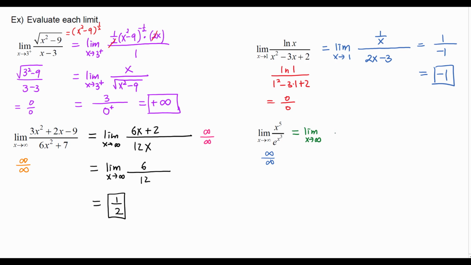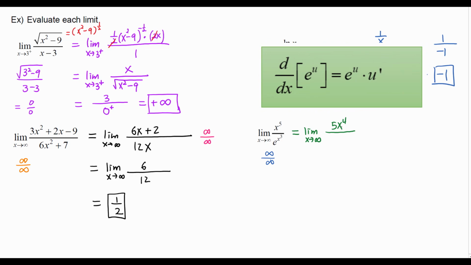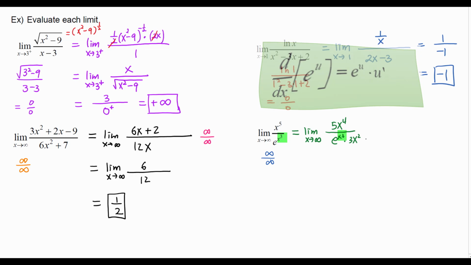So the limit as x approaches infinity of the derivative of x to the 5th is 5x to the 4th. The derivative of e to the u is e to the u times u prime. So that will be e to the x to the third power times the derivative of x cubed, which is 3x squared.